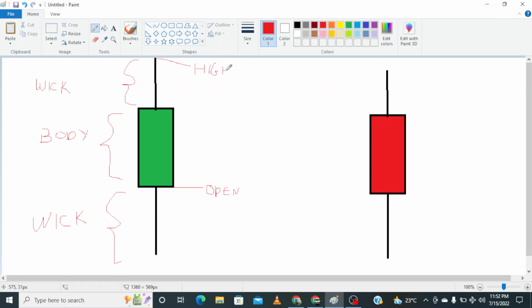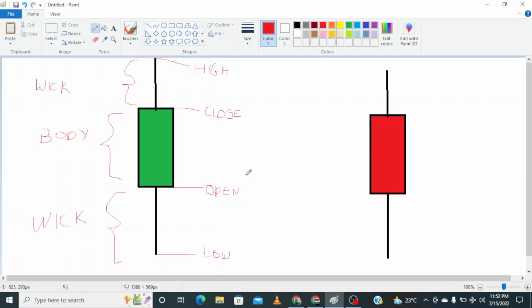The lowest point that you see here on the candle is known as the low. Simple, right? No rocket science, this is just the literal basics. And this point where the candle has ended is the closing point of the day, or the 15 minute or 5 minute, whatever it is. This is the close.